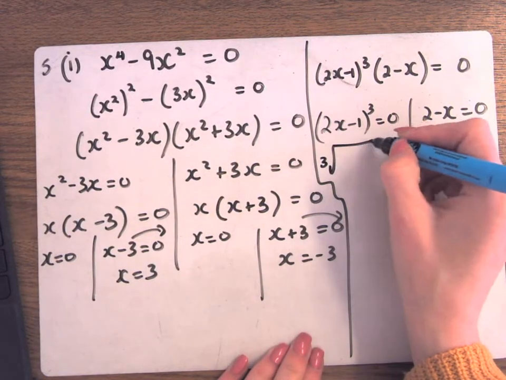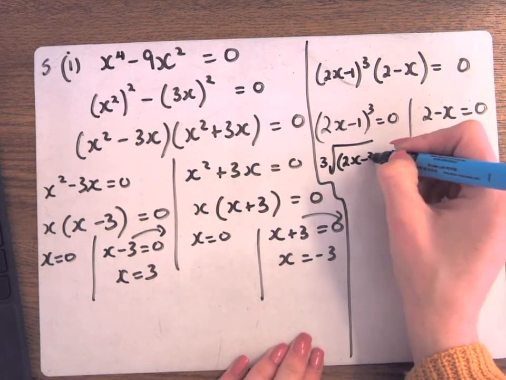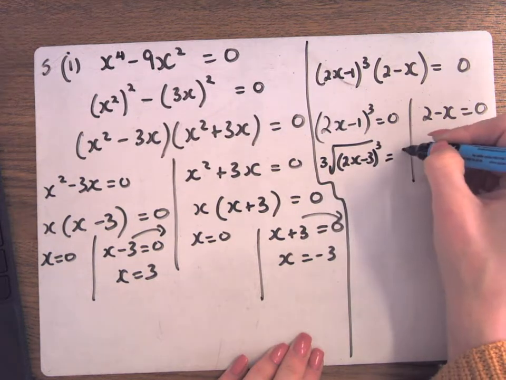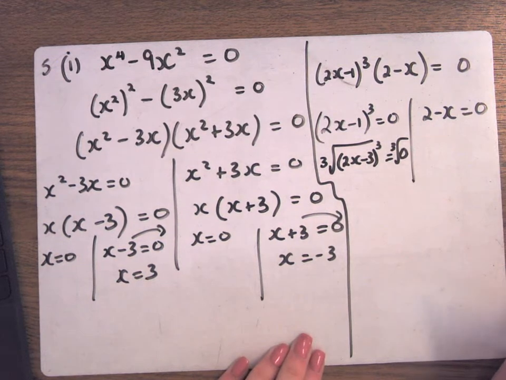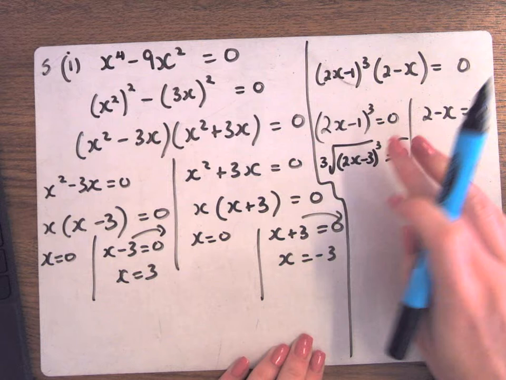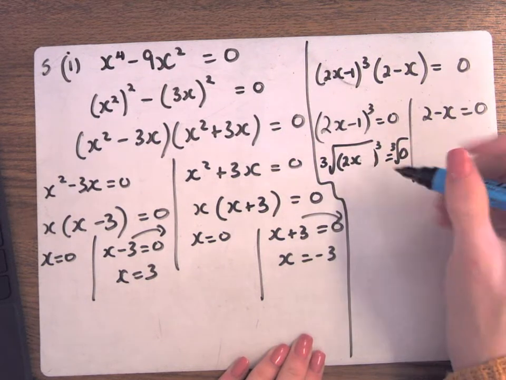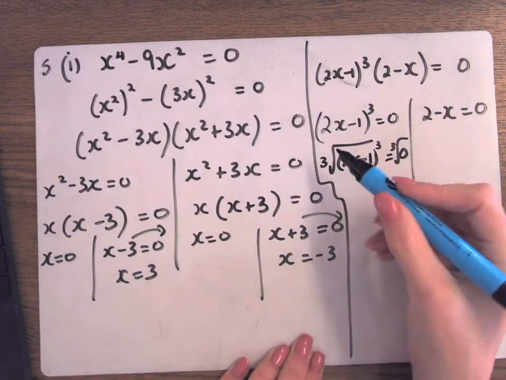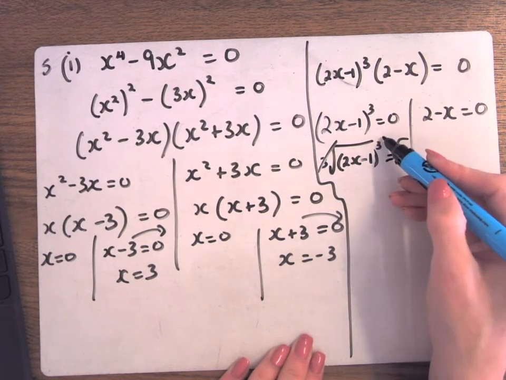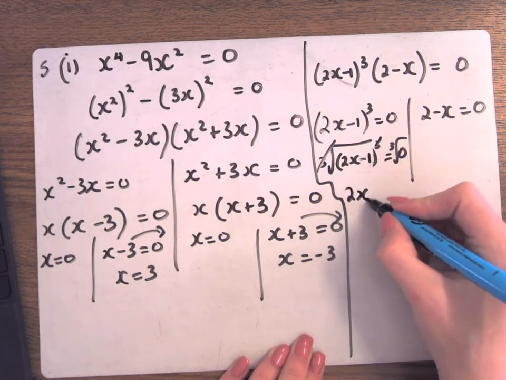So the cube root of 2x minus 1 all cubed equals 0. The cube root of 0. Where did you get 0? Minus 1. Why did it go from minus 1 to minus 2? Oh, thank you. Minus 1. So the cube root and the cube will cancel, so it'll just be 2x minus 1.